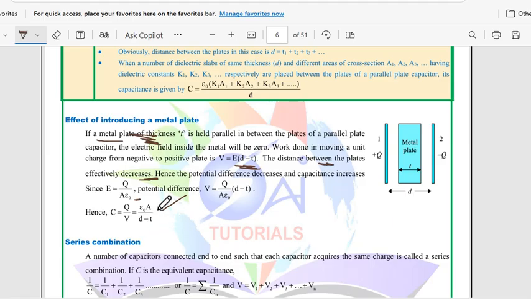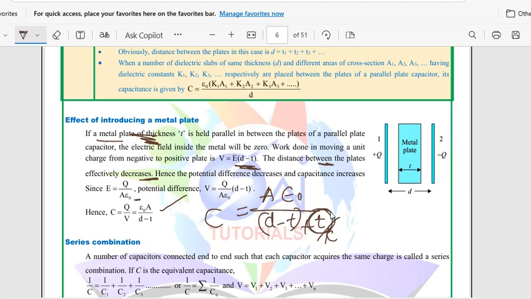I have derived the equation C is equal to A into epsilon naught divided by (D minus T plus T by K).